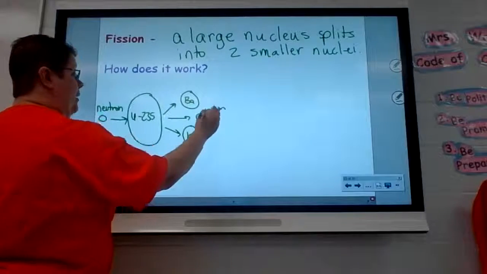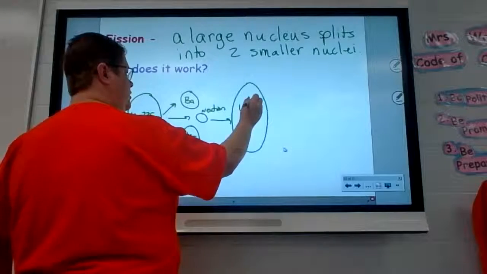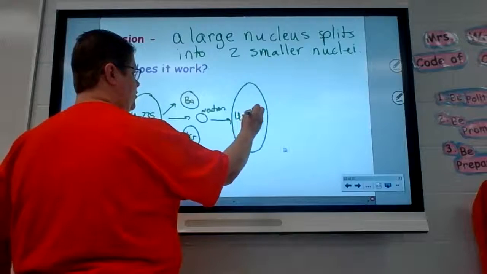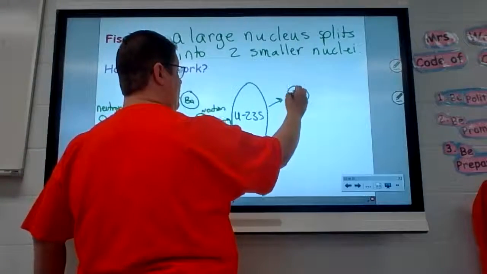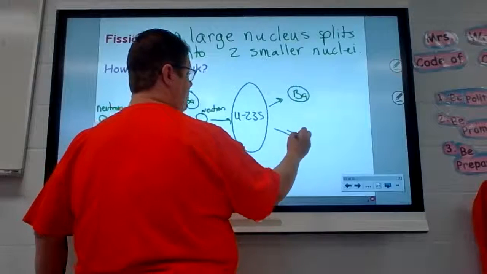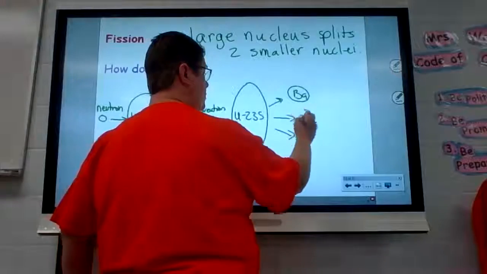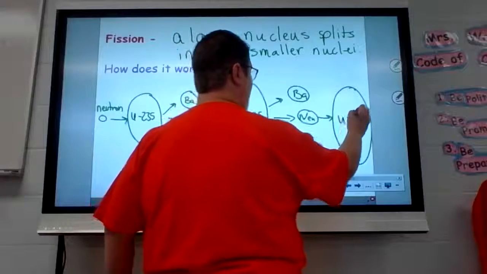Now, this neutron hits another uranium-235. The uranium splits again into barium and krypton. It makes another neutron. That neutron hits another uranium-235.